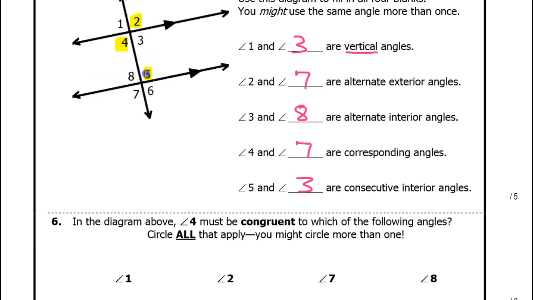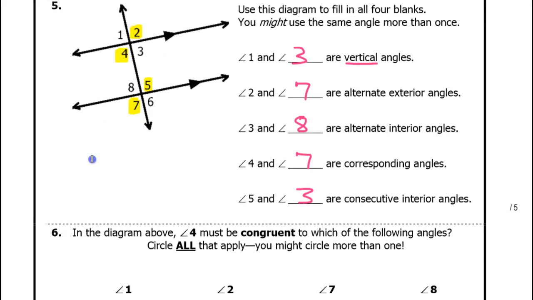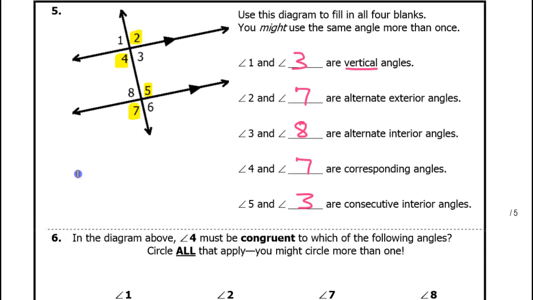Angle 5 is alternate interior, so those should be congruent. And then angle 7 is now a vertical angle with angle 5, so those should be congruent. And that's it.